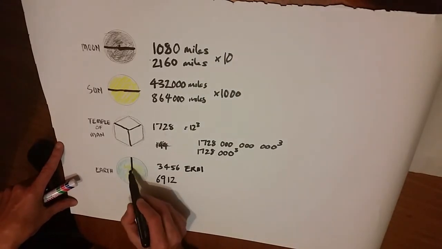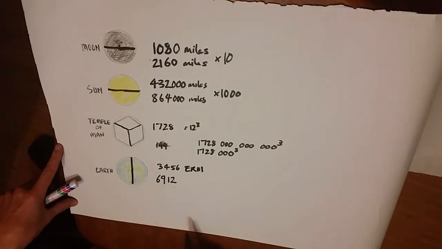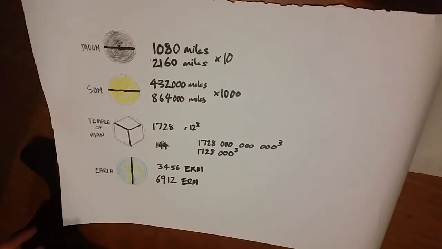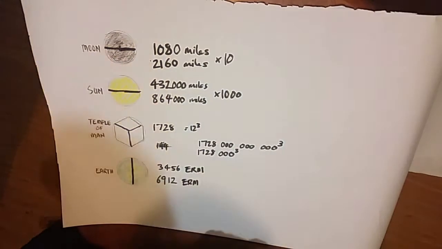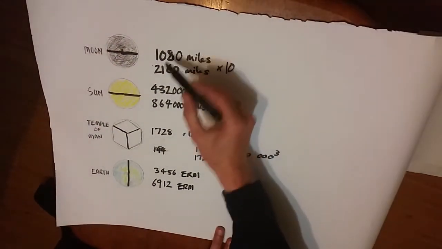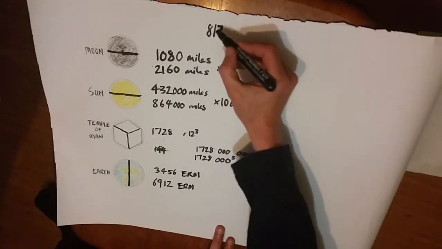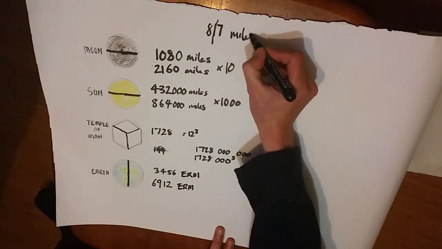And therefore, the polar diameter of the Earth is 6,912 Egyptian royal miles. Okay, so while we're here, one Egyptian royal mile is 8/7 miles.